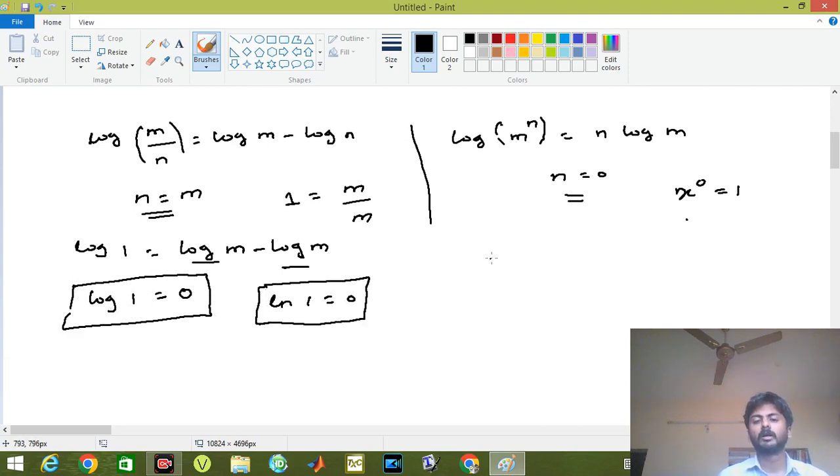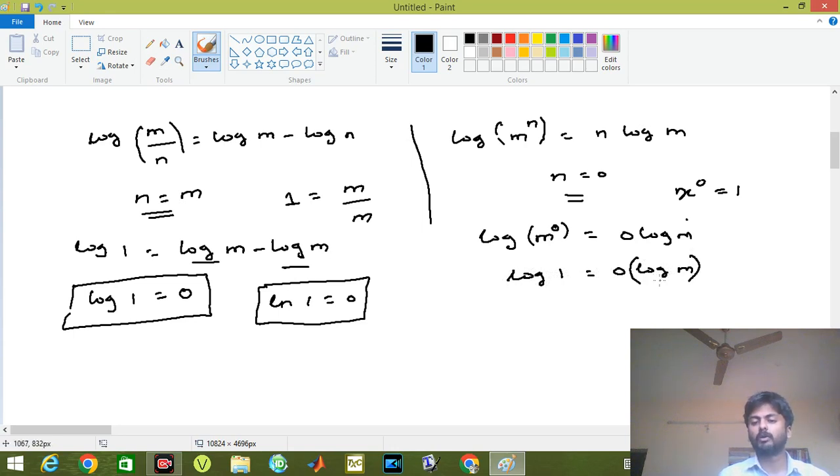Okay, now here I am going to write this m as 1, so log m power 0 will become 0 log m. This log m power 0 is log 1 equal to 0 log m. So 0 into log m.